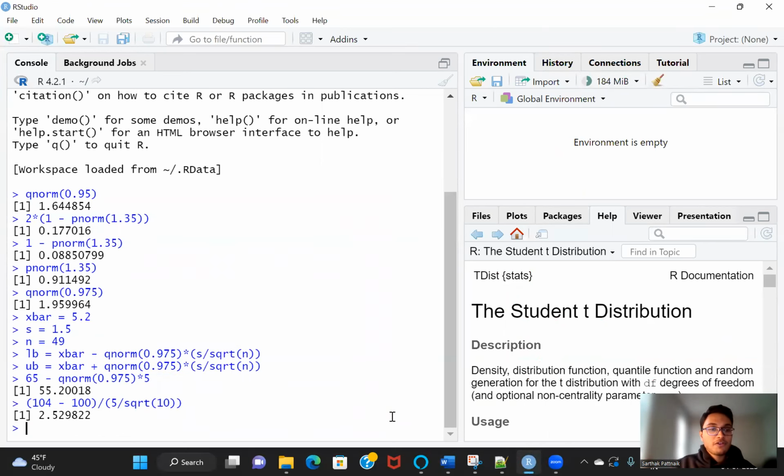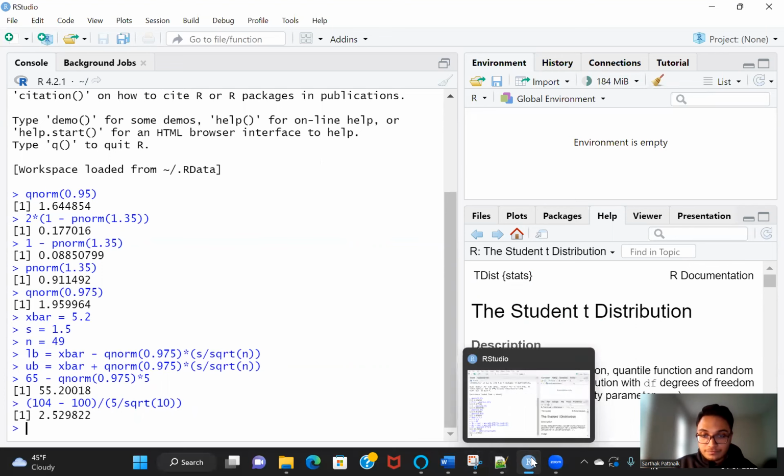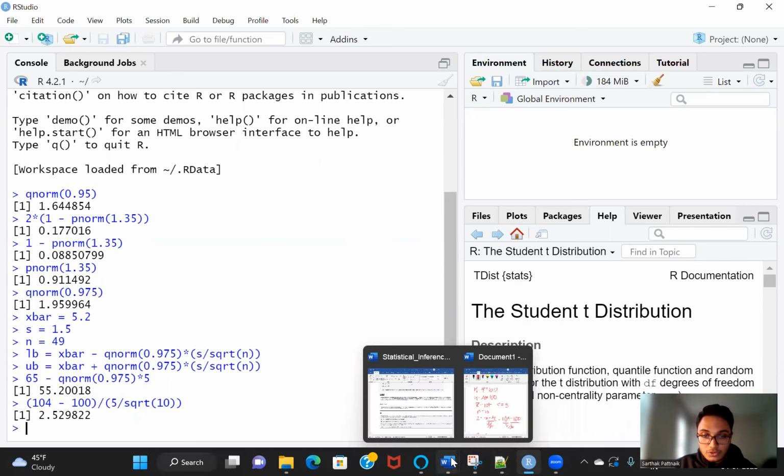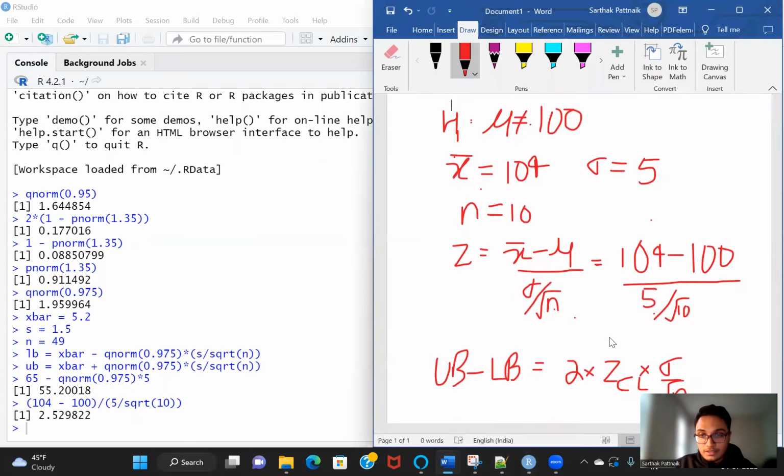This comes out to be 2.52822. You just round that off to the second decimal place. You will get 2.53.